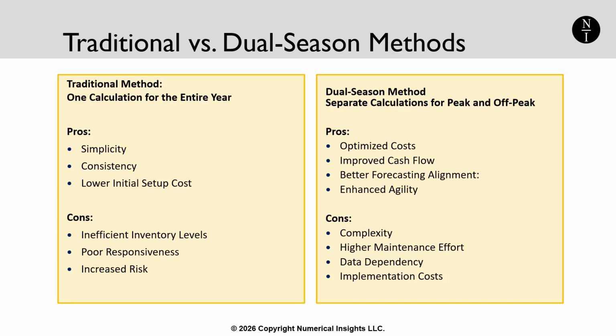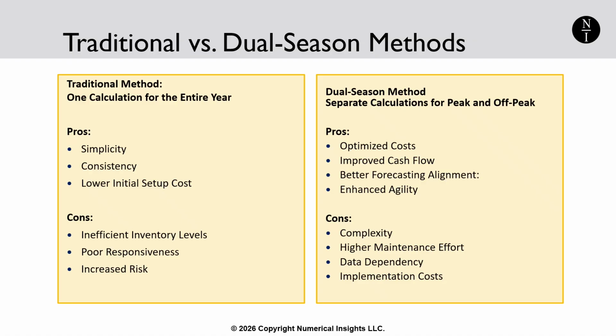Errors in segmentation, so not getting the peak defined quite correctly for all SKUs, can lead to miscalculations. It has a higher maintenance effort. It involves ongoing monitoring, seasonal switches, and potential software customizations, increasing administrative burden.